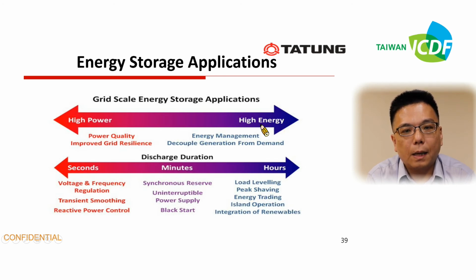You can see the energy storage system, like a battery system, if we have grid scale energy storage, we can use it for high power usage. You can do power quality control and improve grid resilience. And for high energy usage, you can do energy management and decouple the generation from the demand.